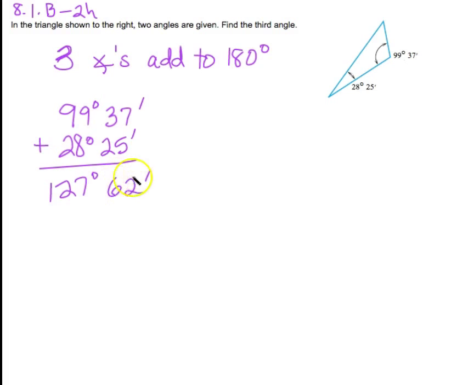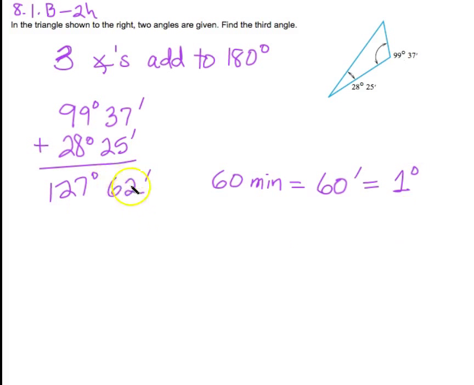One thing with minutes that we want to do first before we subtract is to remember that 60 minutes, written here with what looks like an apostrophe, is equal to 1 degree.